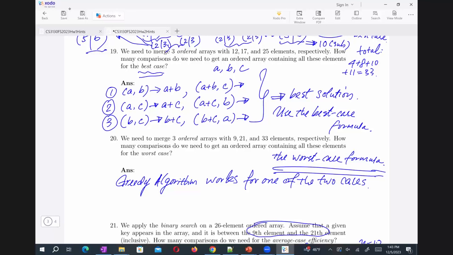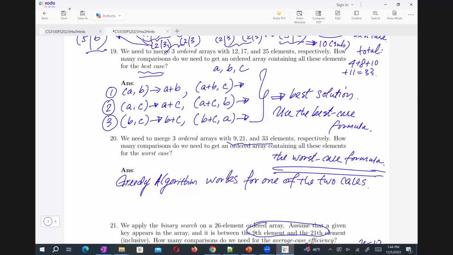For this question, we need to use a greedy strategy when we merge two arrays. Among these three arrays, when we merge, the smaller the array size, the fewer comparisons we use. That's the greedy strategy. So we select the two shortest arrays to merge first.